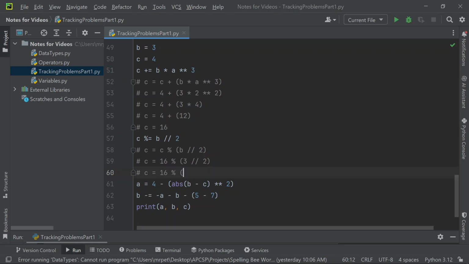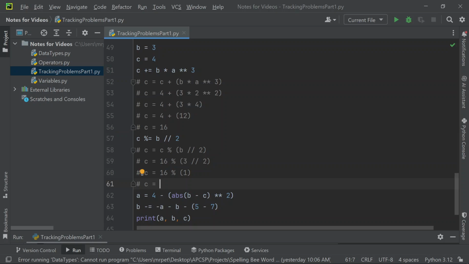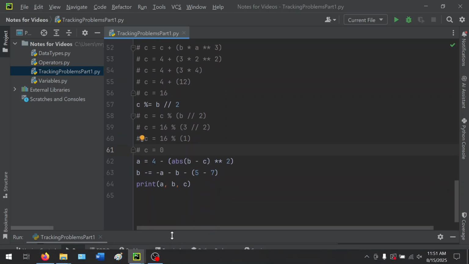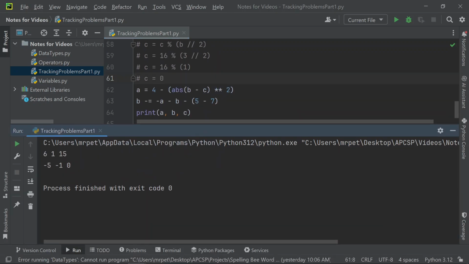All right, we're going to do the division first. 3 divided by 2 with integer division is 1.5, but we drop the 0.5. And then 16 mod 1, there's no remainder. C is now 0. Did we get 0 before? Yeah, we did. So it looks like we did that first part right.